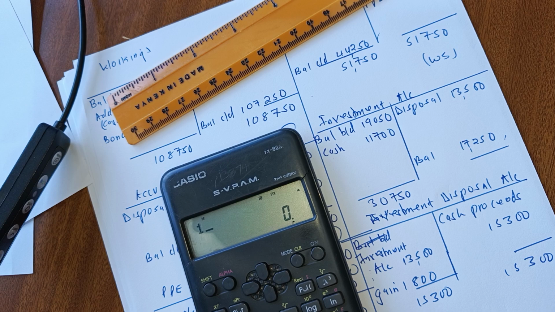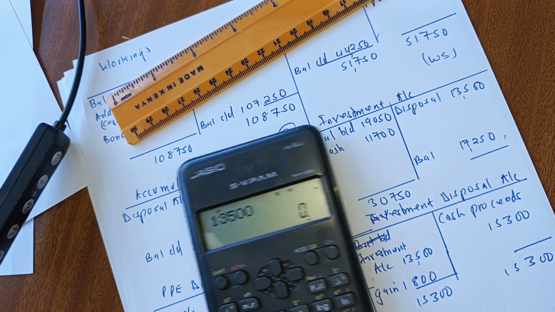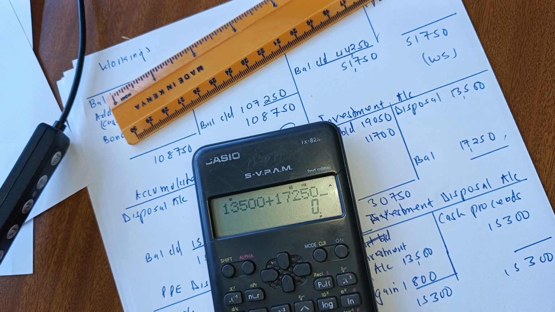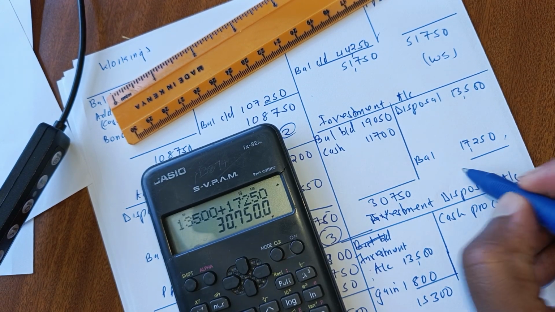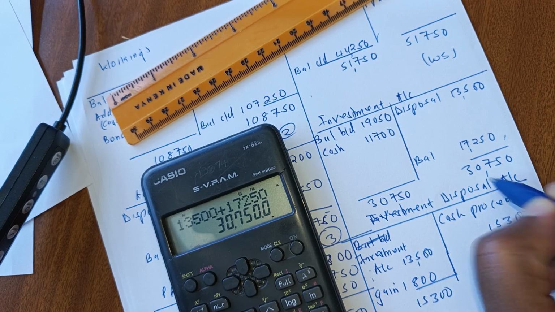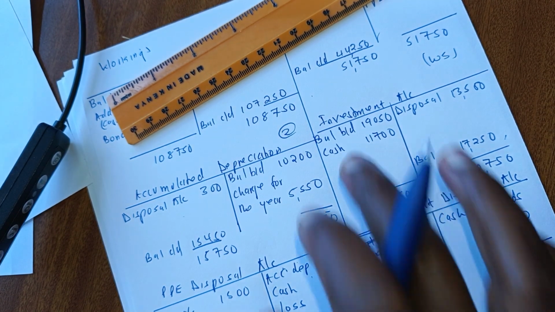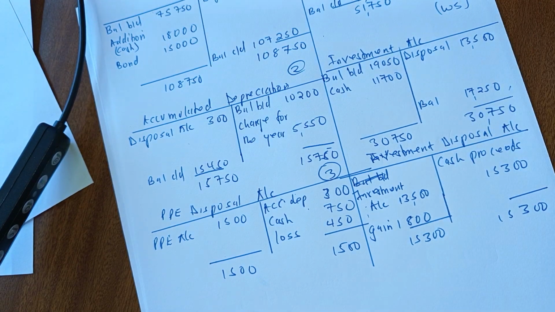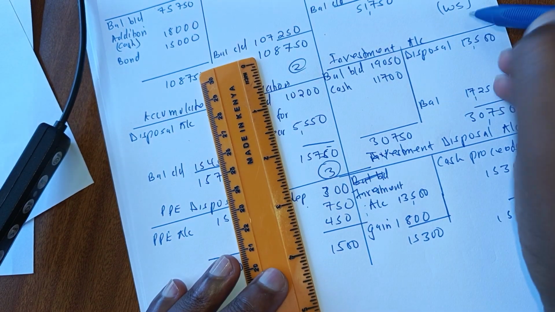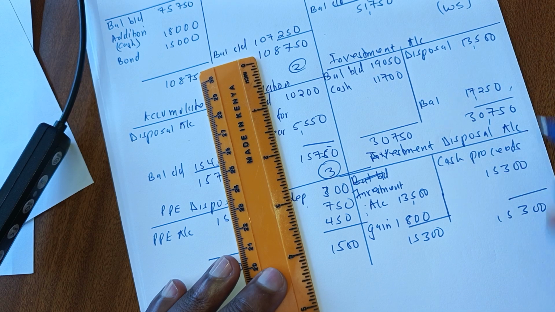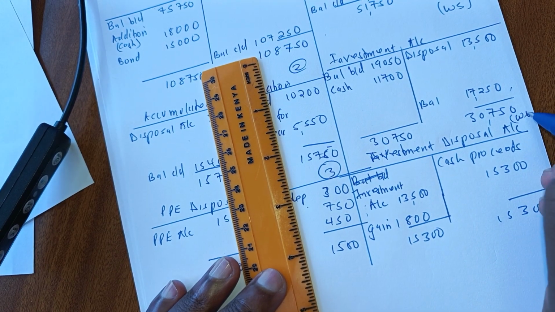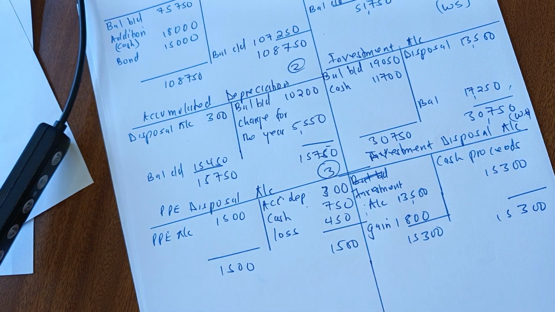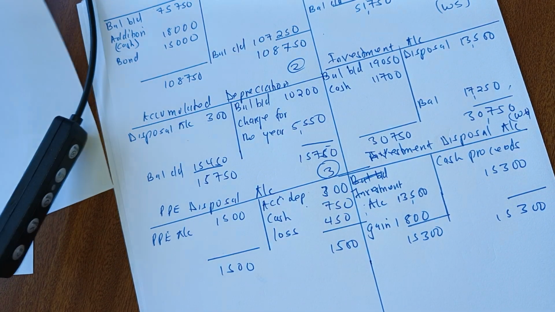What about the credit side? 13,500 plus 17,250, you get again 30,750. So that means the cash that they paid to acquire that investment was 11,700. This was working 5 and this was working 6.